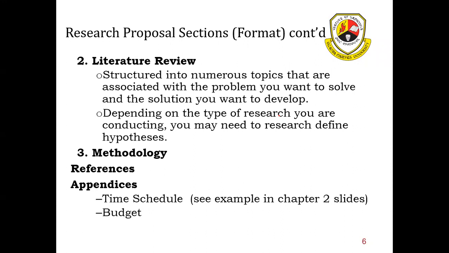Now, your literature review chapter is then giving us structured topics about your research. What do I mean? Normally, we depend on our objectives. We would start by talking about our problem.